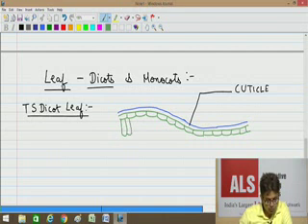Now, you have to draw column shaped cells like this. Long elongated cells like this. You have to draw this. Okay. This is what I am drawing here.